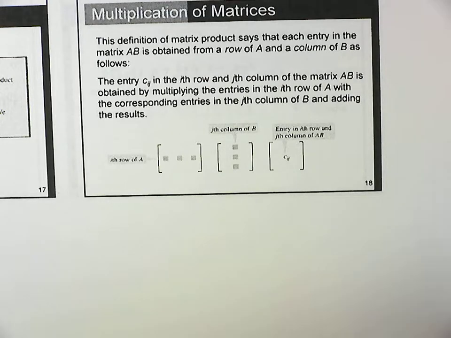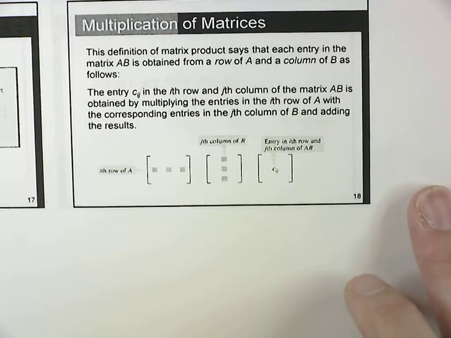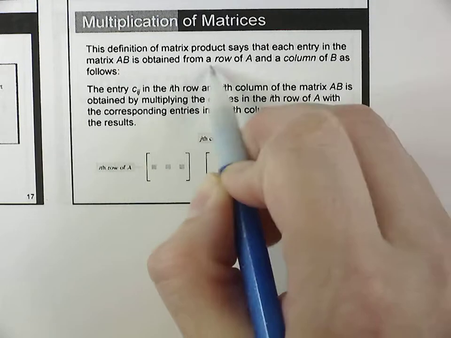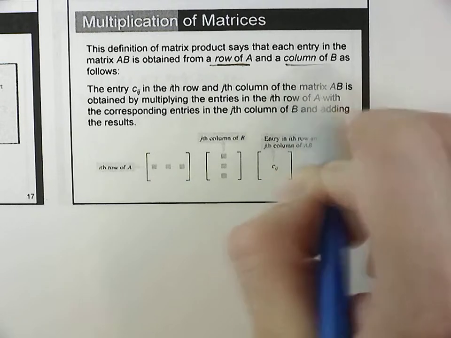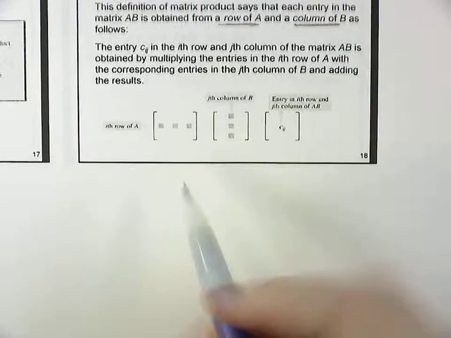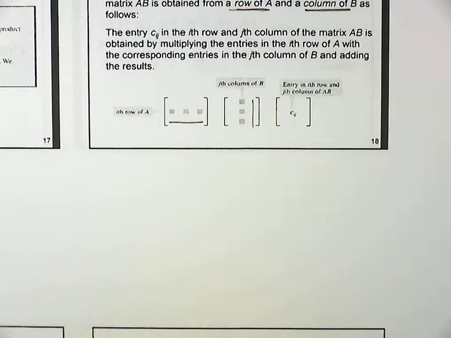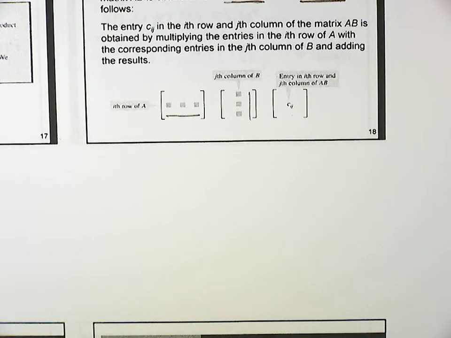The next slide goes over some more definitions. Each entry in the matrix is obtained from a row of A and a column of B. Just like I said, you multiply those together, and that gives you your new entry.